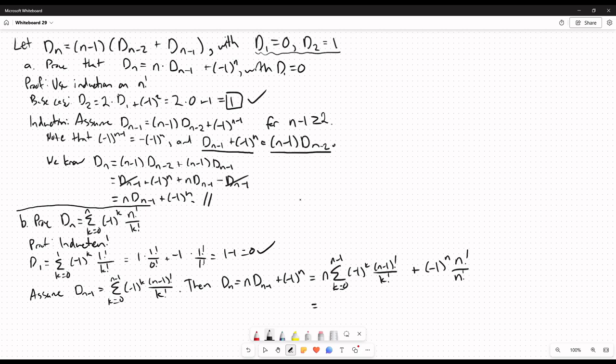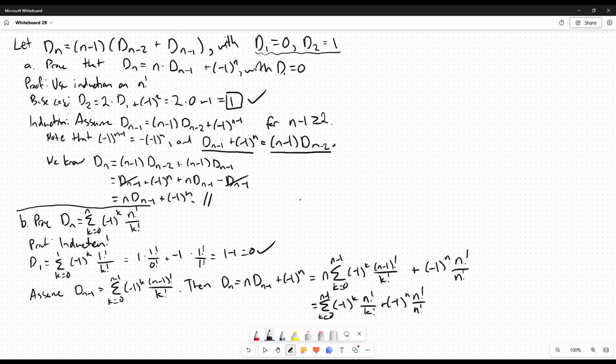Well, let's go ahead and simplify this a little bit. I can move that n inside, because, well, I can just move it inside, period. And when I take n times (n minus 1) factorial, that's just going to become n factorial. So this becomes the sum from k equals 0 to n minus 1 of (-1)^k, n factorial over k factorial, plus (-1)^n times n factorial over n factorial.